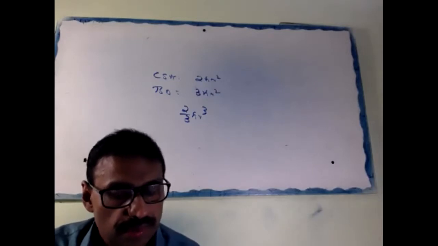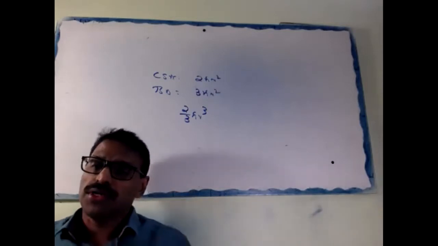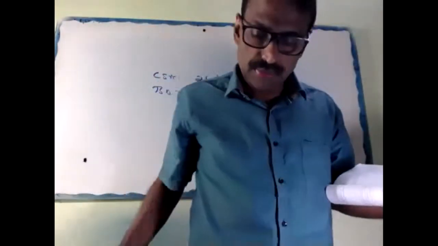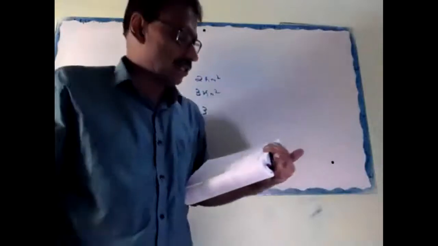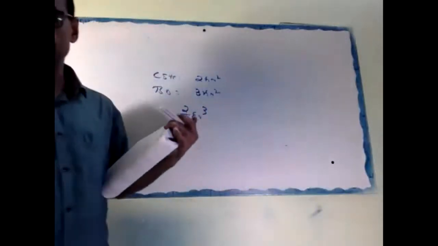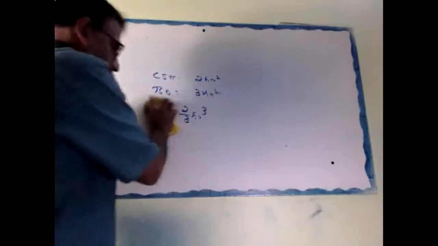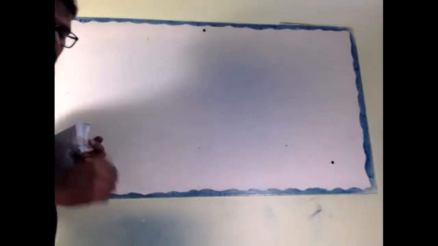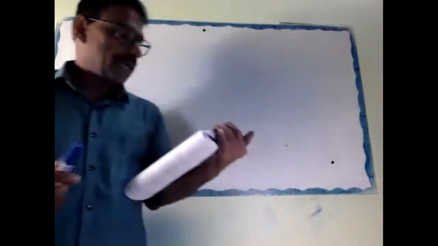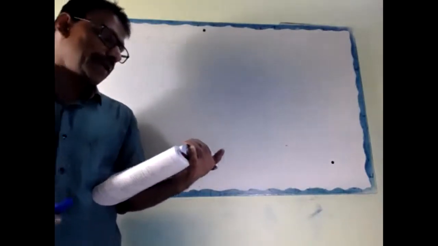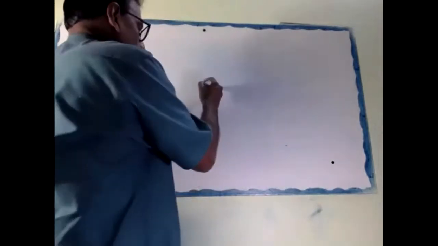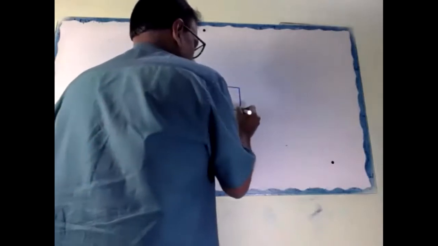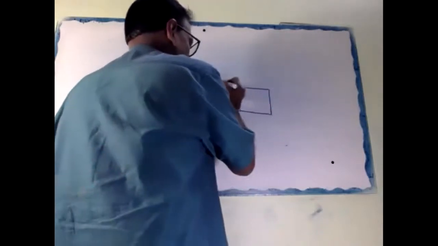Okay. 2 cubes each of 10 centimeter edge are joined end to end.